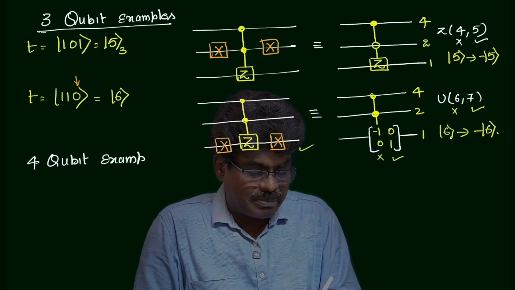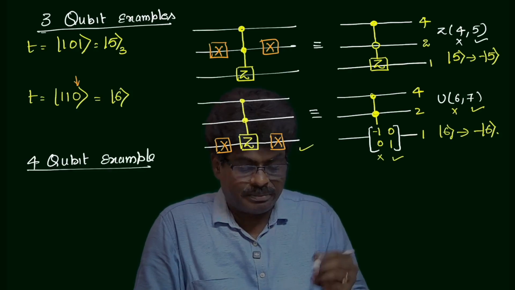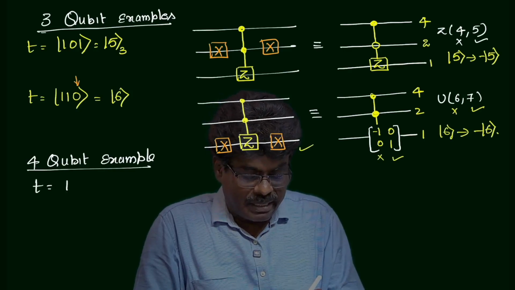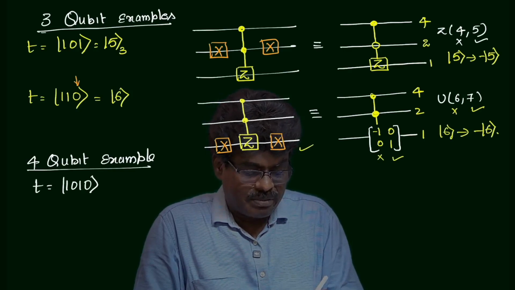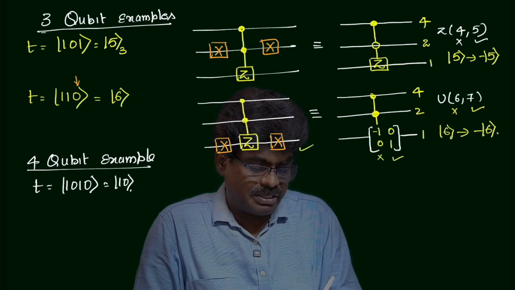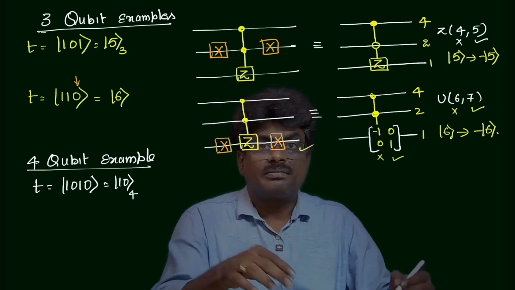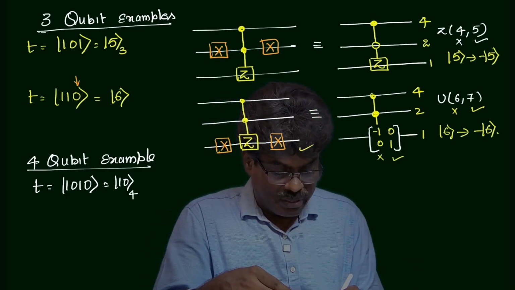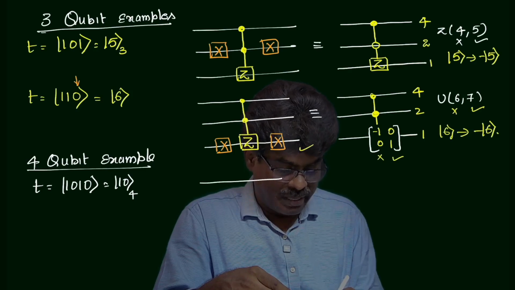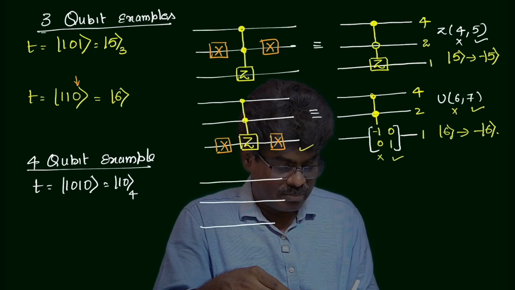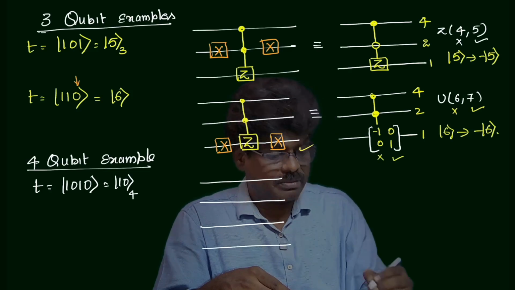4 qubit example. Let me take one example. So here I am taking a target state as 1010, which is nothing but, in decimal state notation, 10. So 4 qubits. So I have to take 4 qubit states. 1, 2, 3, 4.